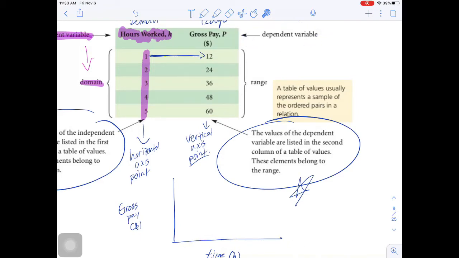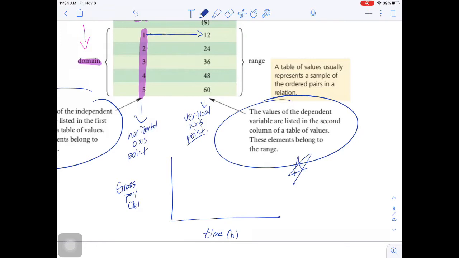Your dependent variables are always on the vertical line, or your y-axis. Okay. My independent variables, or my domain, is going up just simply by ones. 1, 2, 3, 4, 5. And here it looks like I'm going up by 12.